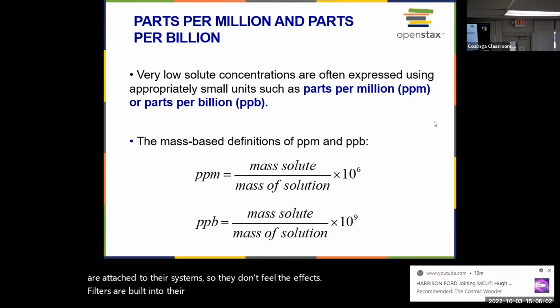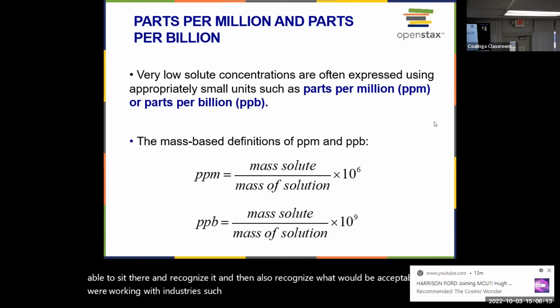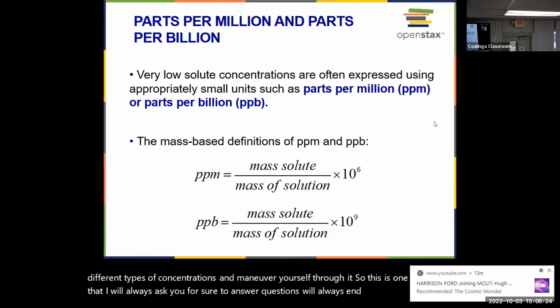So as good scientists, we want to recognize it, and also recognize what would be acceptable levels if you're working in industry such as this. You need to be able to convert between the different types of concentrations and maneuver yourself through it. This is one of the things that I will always ask you, and we'll always end up having questions like this.